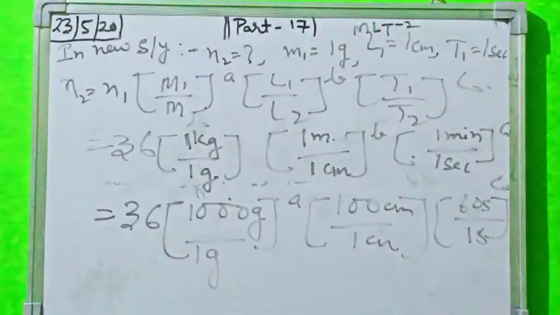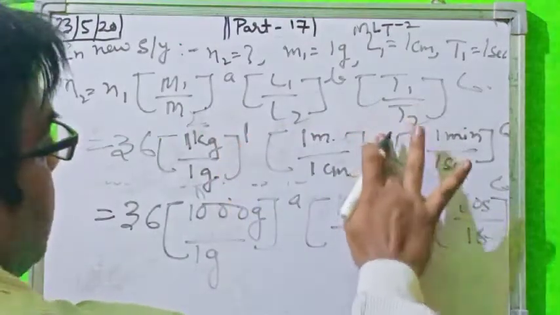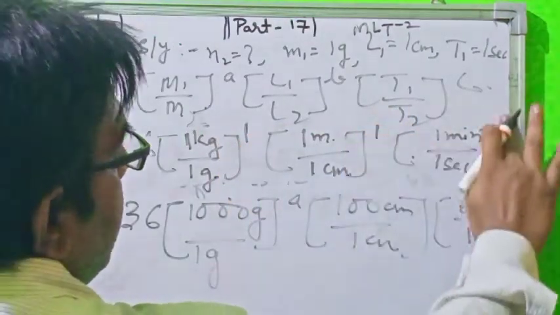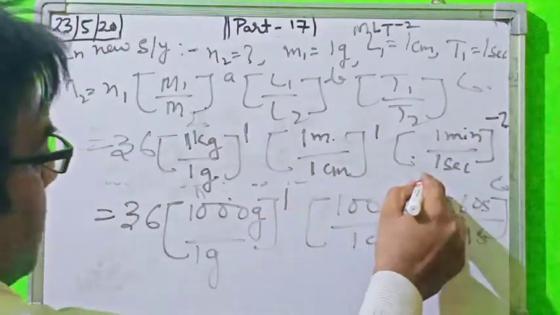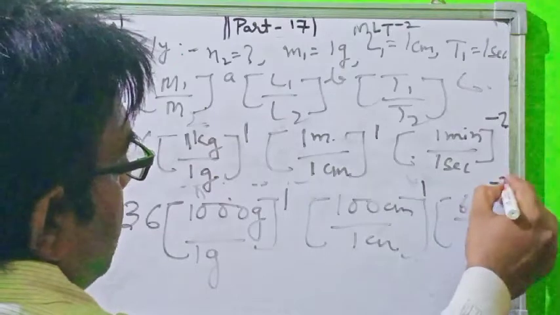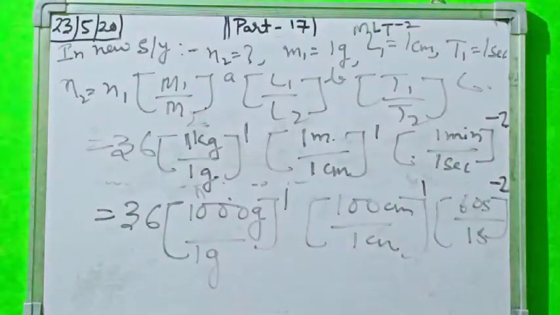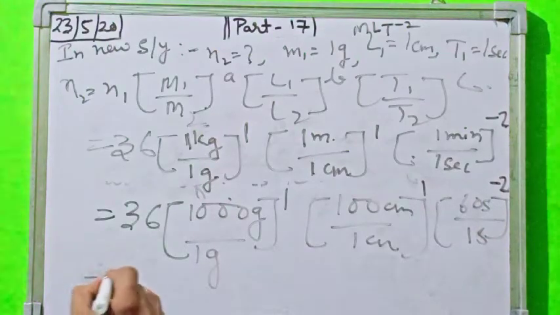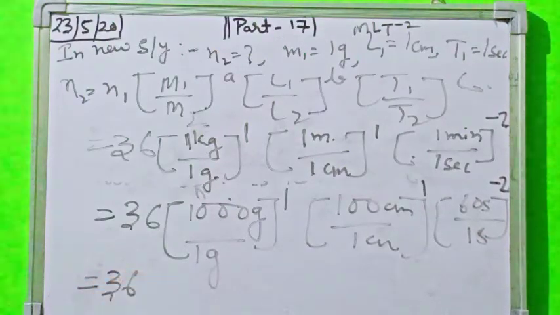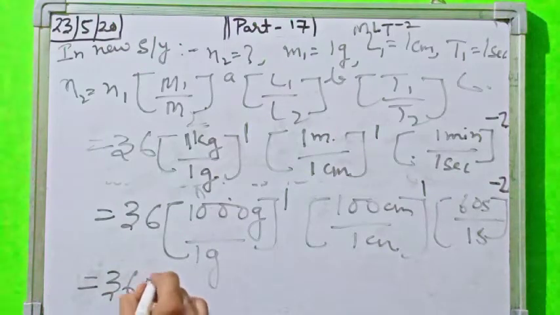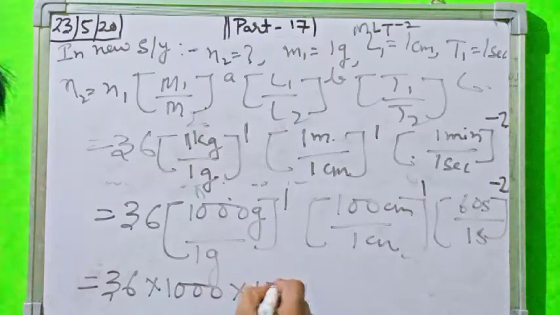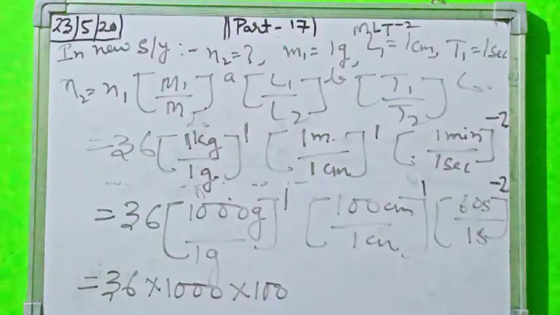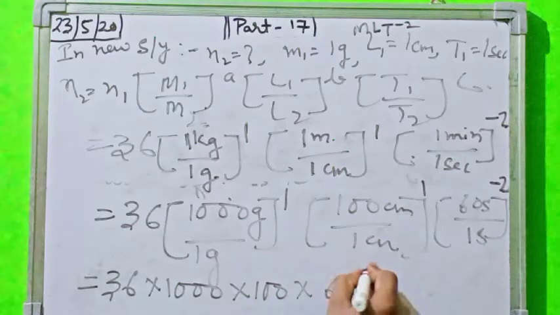So a is equal to 1, b is equal to 1 and c is equal to minus 2, as we discussed in the dimensions for force. So it will become 36 into 1000 into 100 into 60 minus 2.